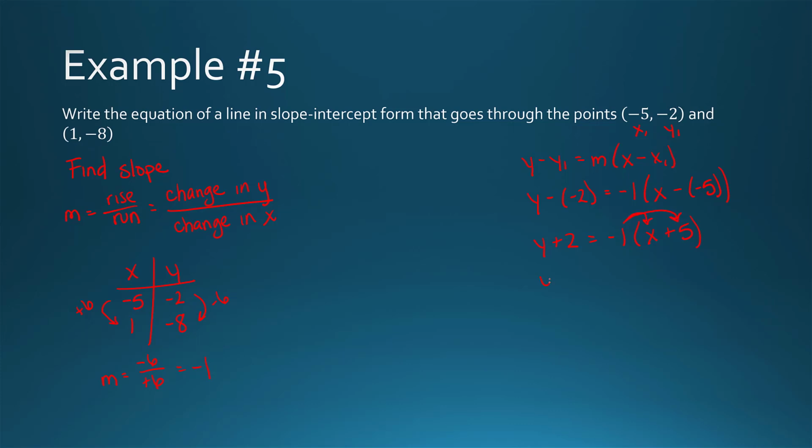So y plus 2 on the left, and this becomes negative x minus 5. And then I just need to subtract 2 to get y by itself. So y equals negative x, and negative 5 minus 2 is minus 7. So this equation in slope-intercept form would go through the points negative 5, negative 2, and 1, negative 8.